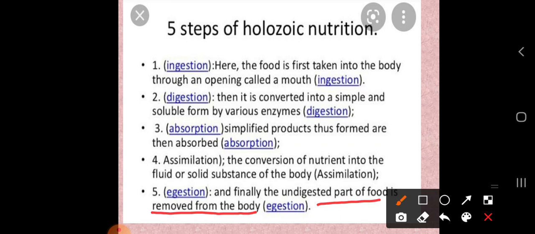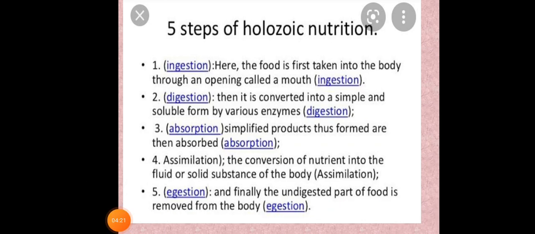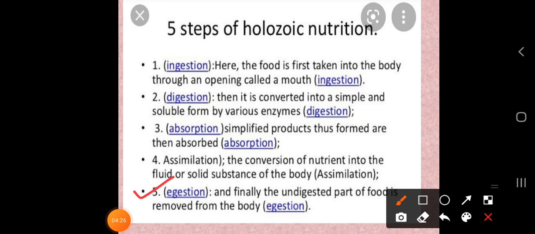What is not required for our body, we have to remove. That's why the last procedure, egestion, is very important. We remove the undigested part of the body to be free from the toxic effect.